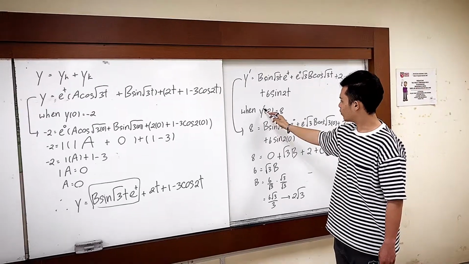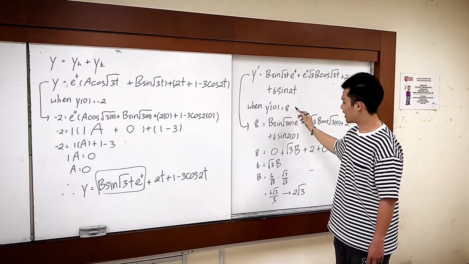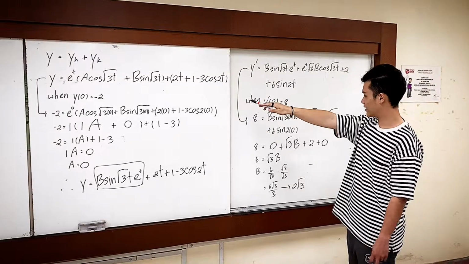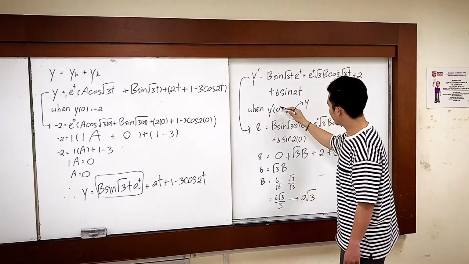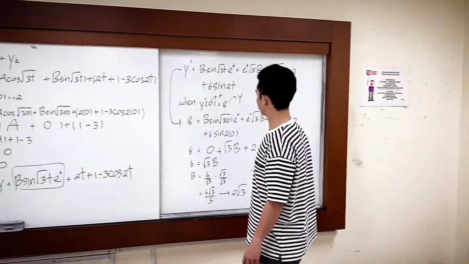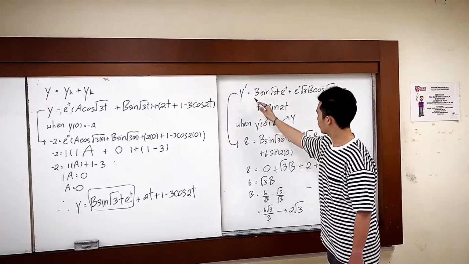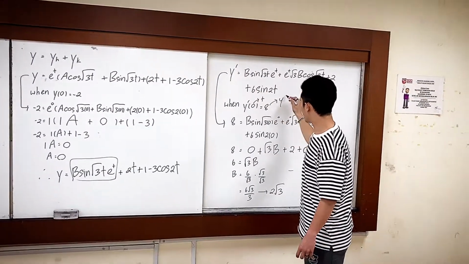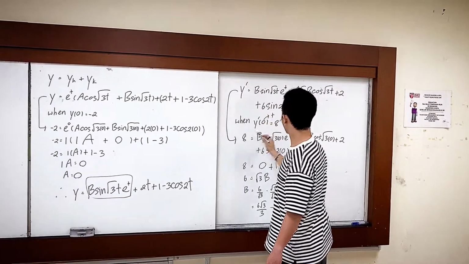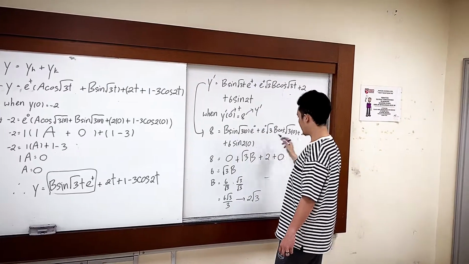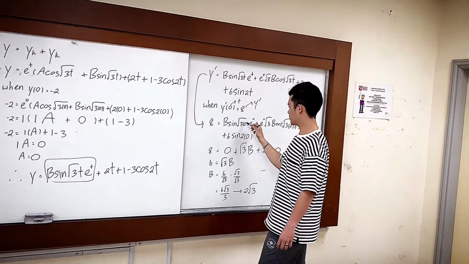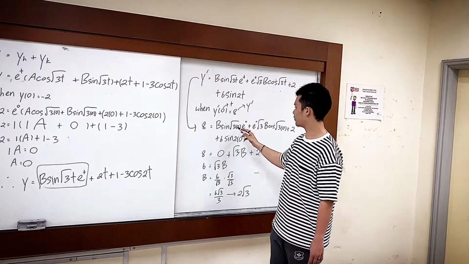And then from what we know that y prime 0 equal to 8. Like I said, like the previous one, this is y, and this 0 is t. So from this, oh, this is y prime. So from this, y prime is 8. Whatever t in there, we substitute 0.